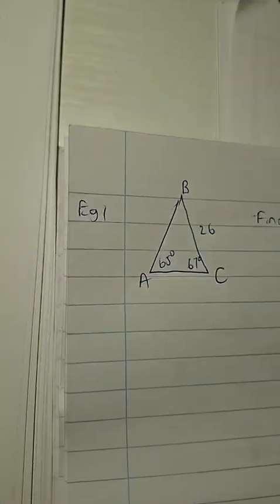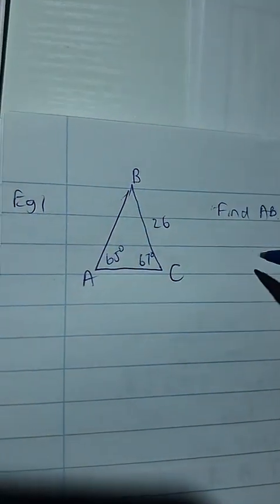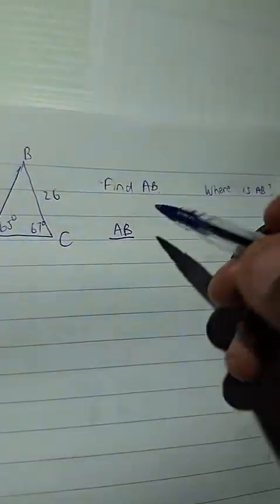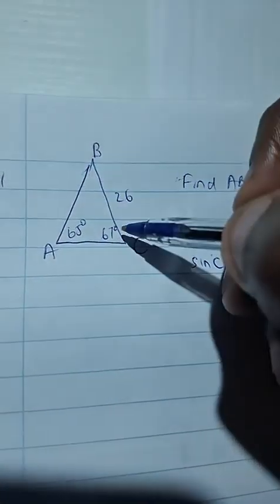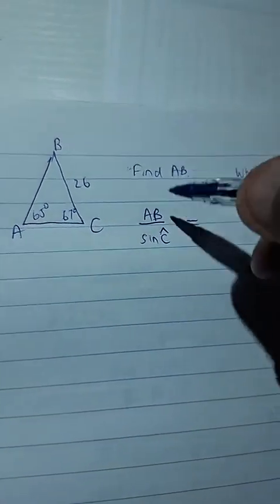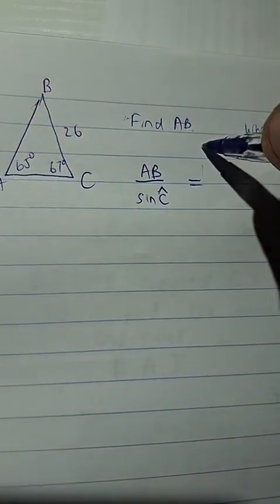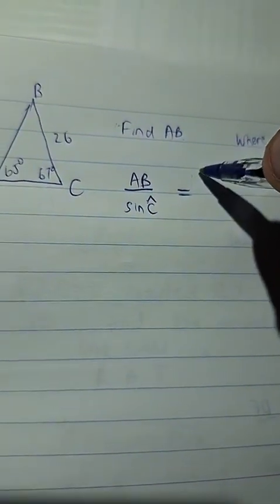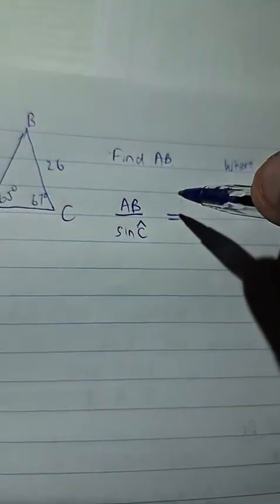All right, so that means if we use the sine rule, we are going to say AB, which is the side we want to find, and we are going to write underneath it sine of angle what? What is opposite AB? It's sine of angle C. Then we are going to make that equal to, in this fraction we must have all of the information given to us, meaning we have to have a side opposite a given angle, and both of them have to be given to us.